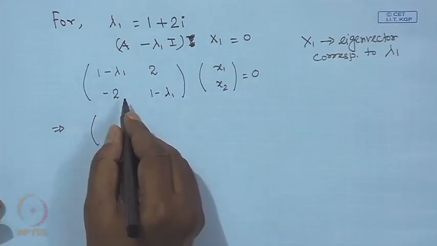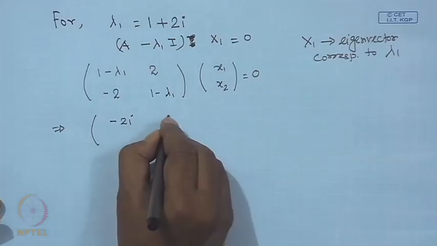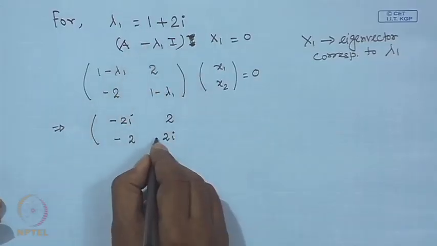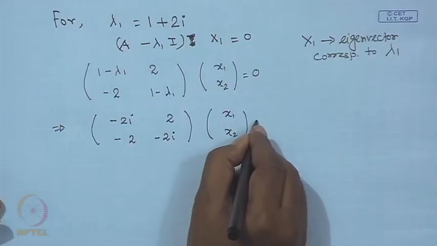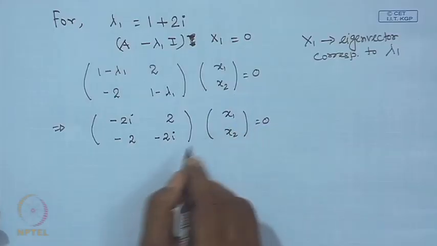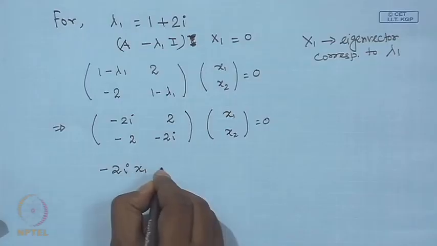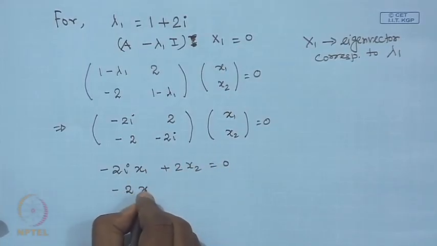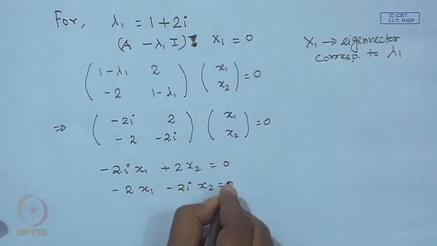So, you put the value of lambda 1 as 1 plus 2 I. So, this becomes minus 2 I, 2, minus 2, and 1 minus lambda 1, again it is minus 2 I. So, you formulate the two equations. Minus 2 I x 1 plus 2 x 2 is equal to 0, minus 2 x 1 minus 2 I x 2 is equal to 0.